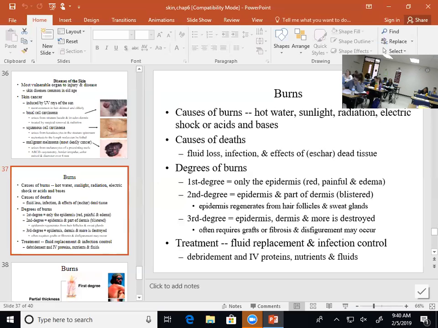It's going to be fluid loss because that fluid ultimately comes from your blood plasma. And if the blood plasma is losing volume, your blood pressure is doing what? Dropping. This leads to hypovolemic, that's with the V, hypovolemic shock.